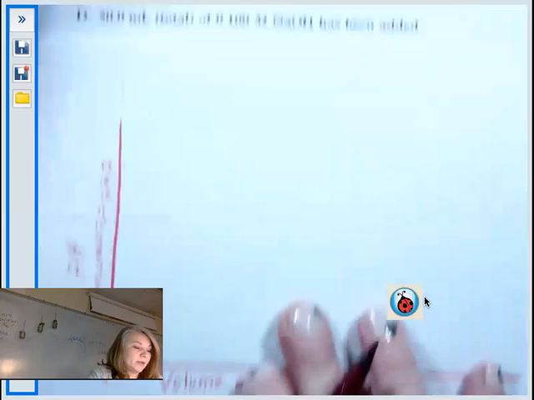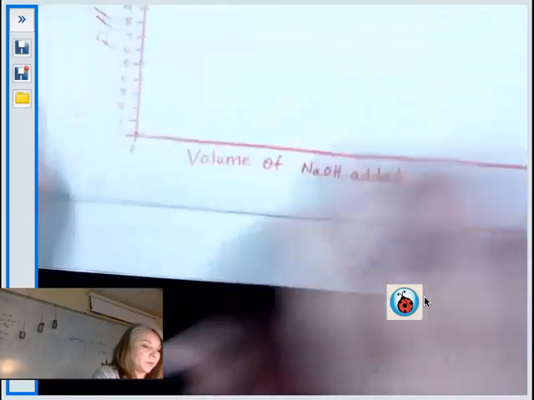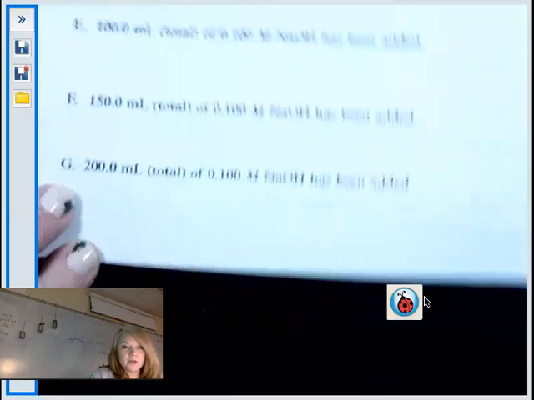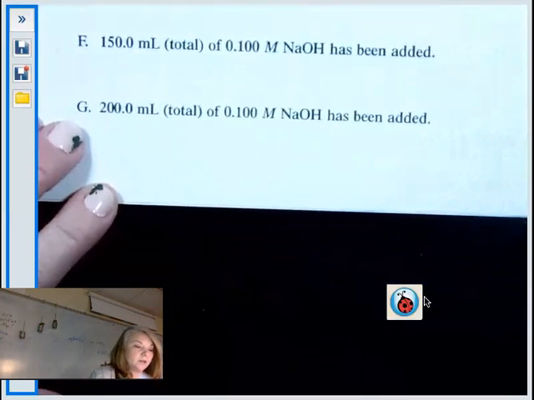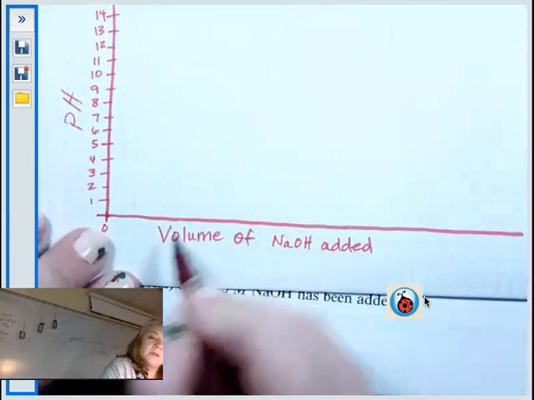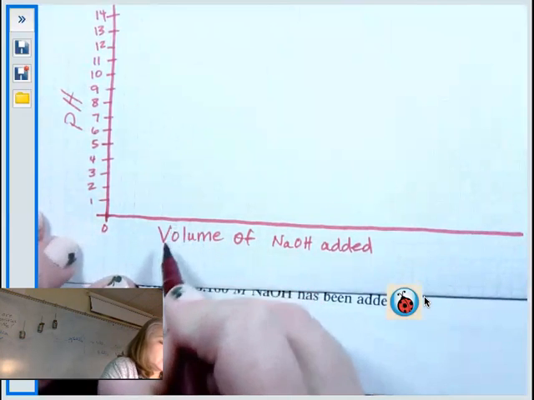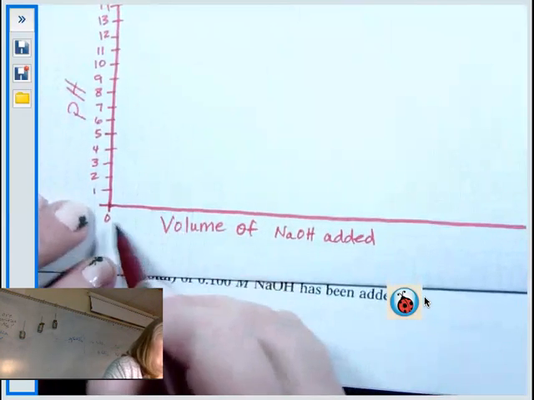So it looks like maybe every 10, we could make a mark. But I would probably spread that out. Let's look at our total. Our total volume that we'll end up adding is 200 milliliters. So make your scale appropriately from 0 to 200.